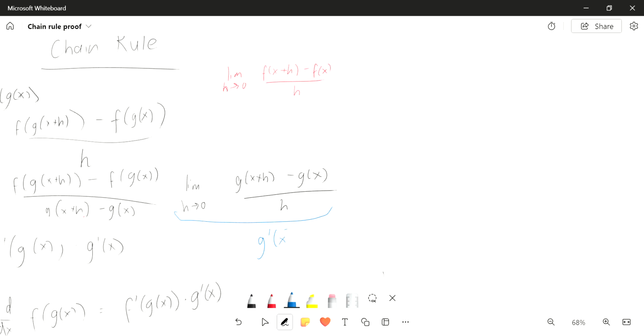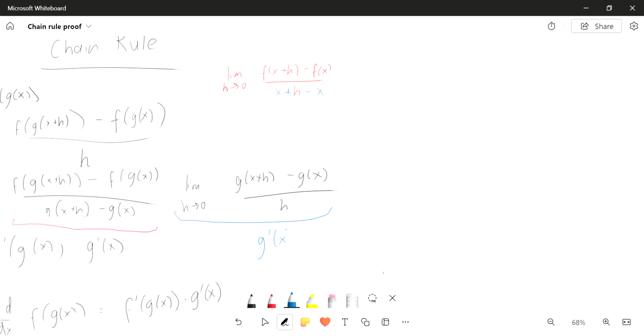But what about this? This entire section doesn't look like something we have that's kind of familiar. Well, in a way, I guess it does. On the denominator, although it only shows h, that's because it's actually x plus h minus x. And since the x's cancel out, you only get h.